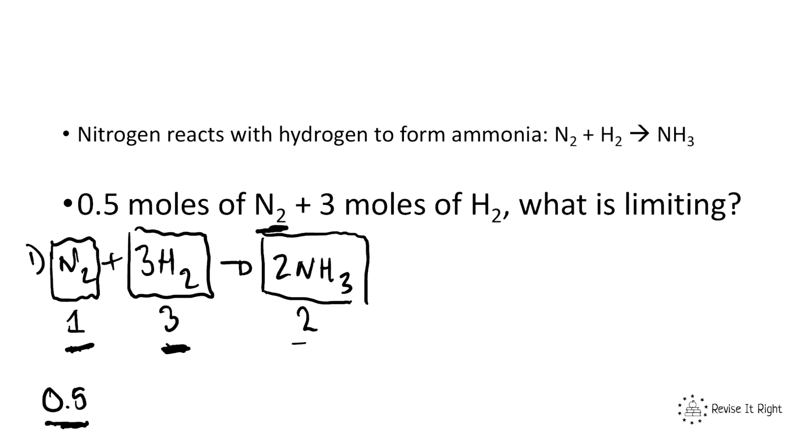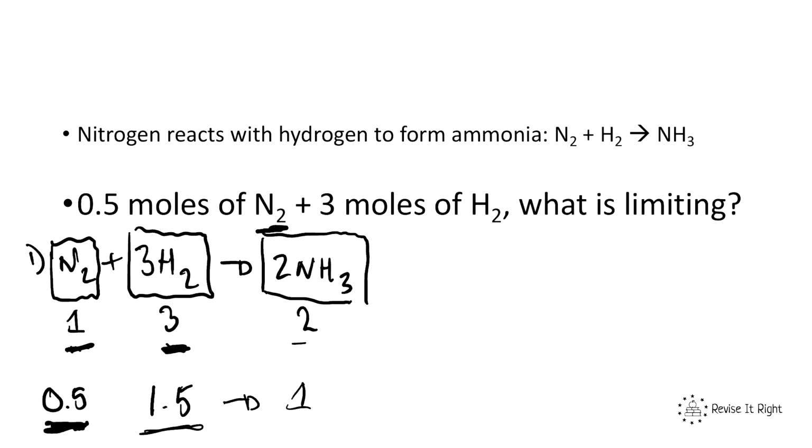So we need 1.5 moles of hydrogen, because that's 3 times 0.5, to react with 0.5 moles of nitrogen. And this will produce 1 mole of ammonia.